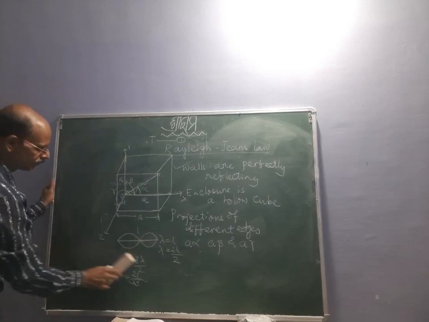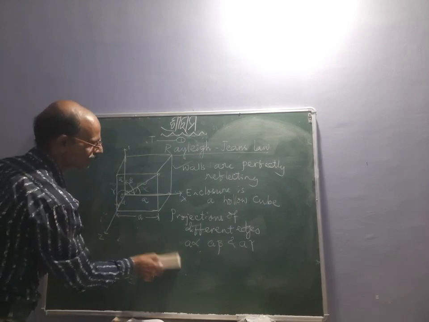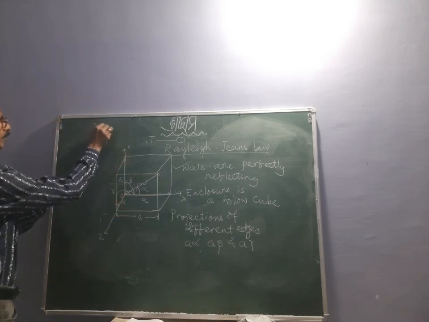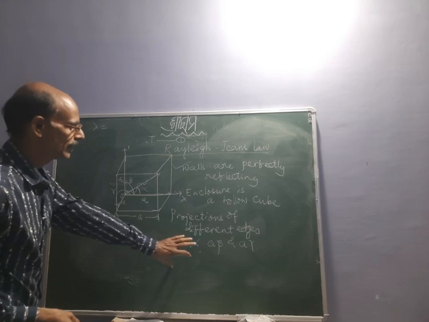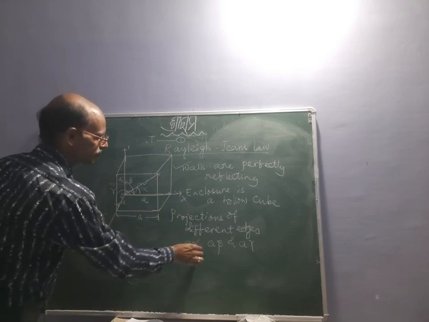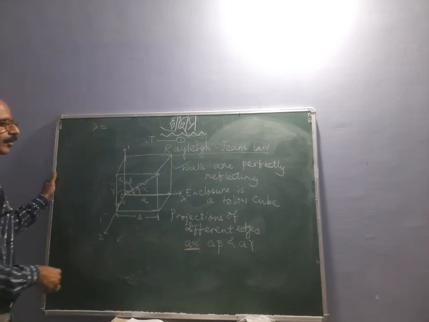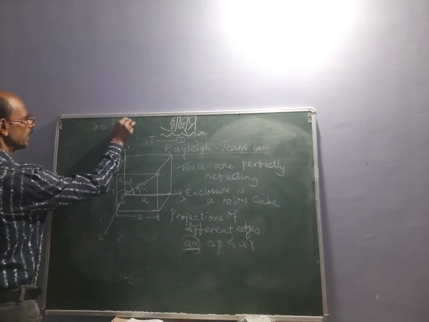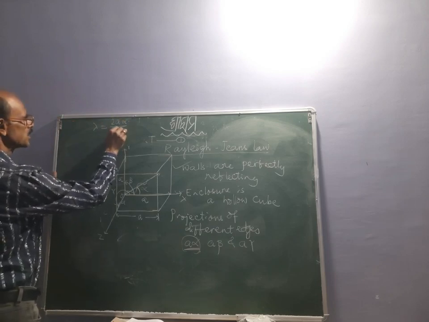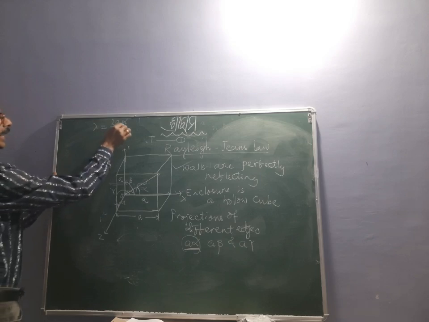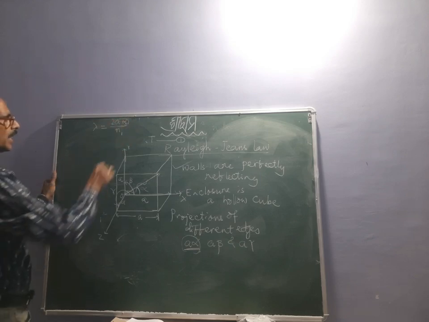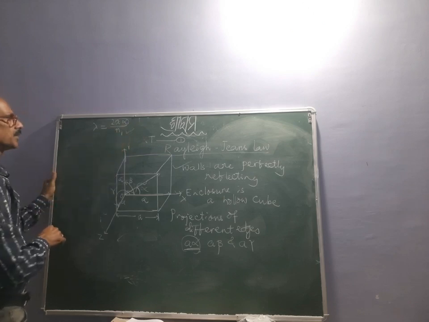Here the allowed wavelengths can be written as follows. For the x-axis projection we can write lambda is equal to 2A alpha by, suppose, n1, with A alpha in place of L, and n1 is a positive integer.